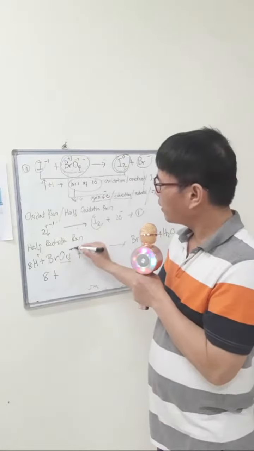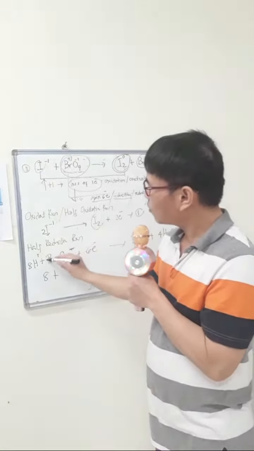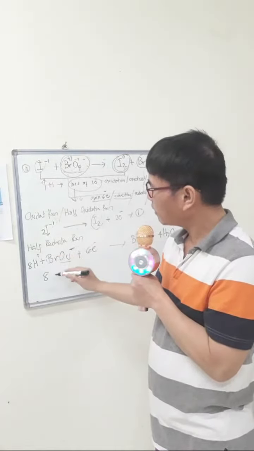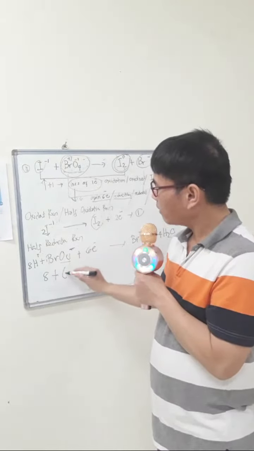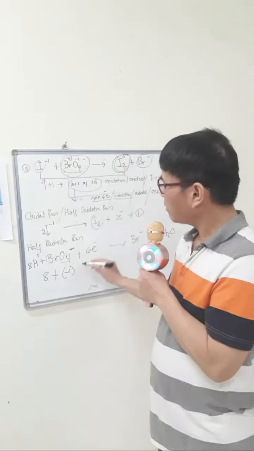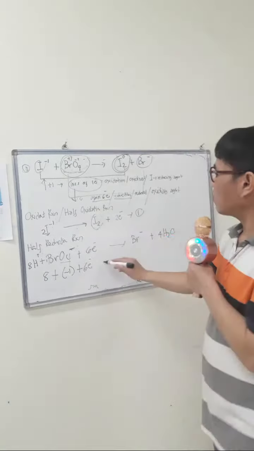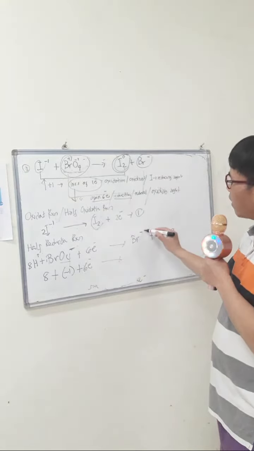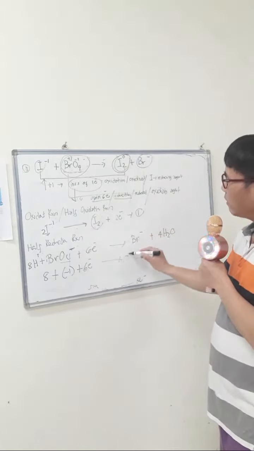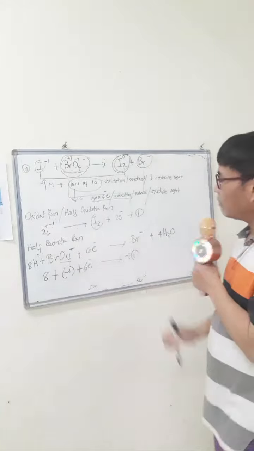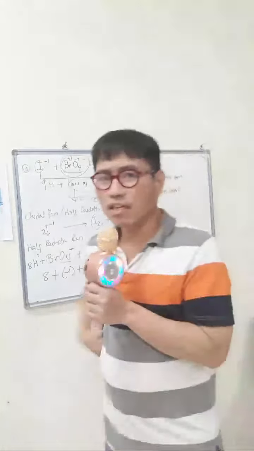So negative 1 times 1 is negative 1. 8 plus negative 1, and then 6 electrons plus 6 electrons is equal to bromide, negative 1 times 1, because nothing means 1 in chemistry, okay?